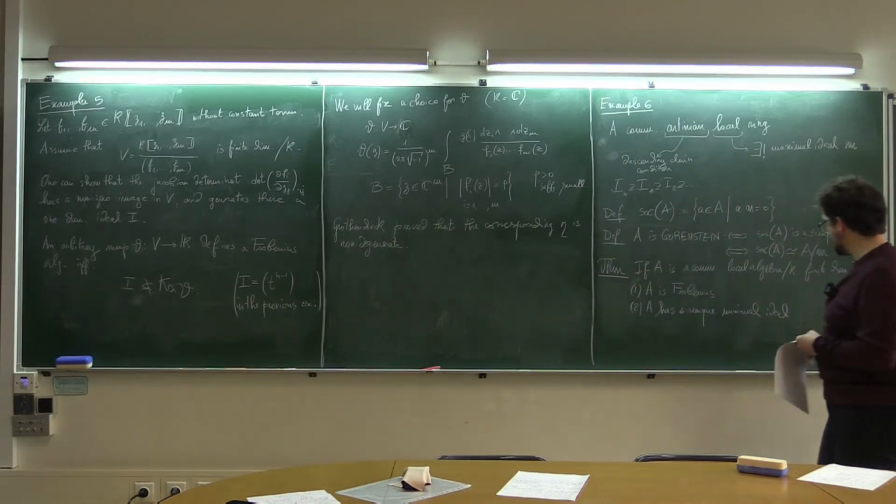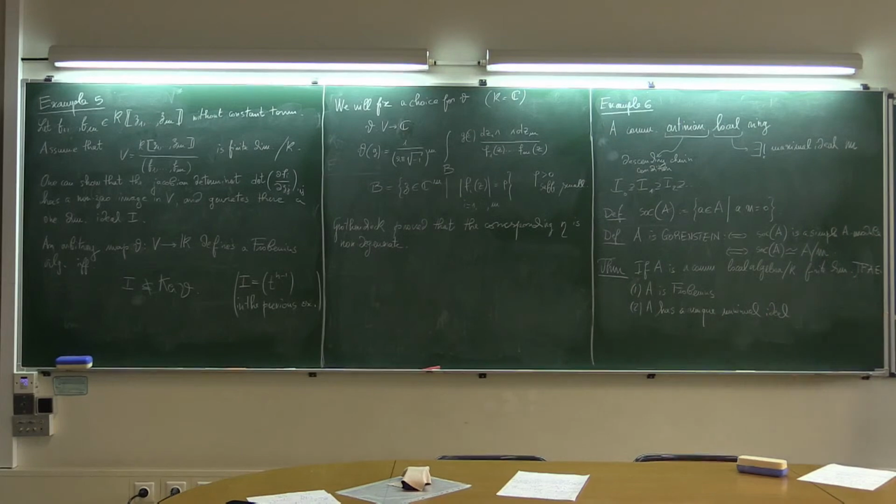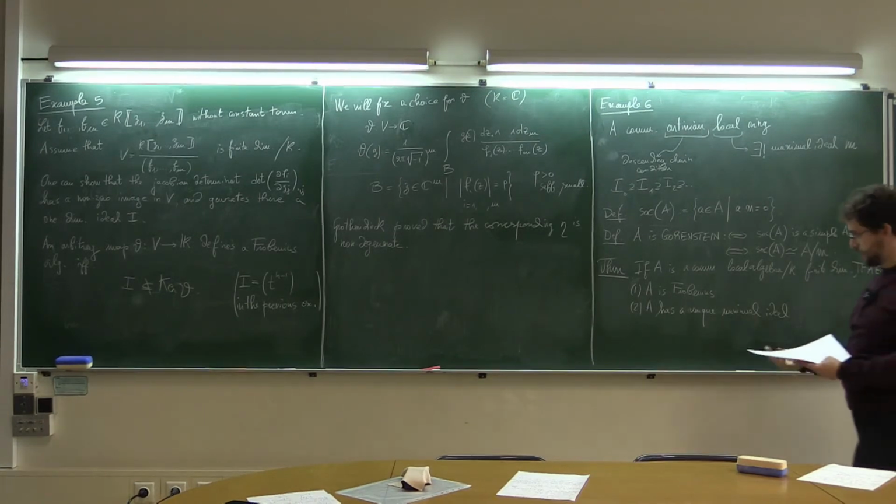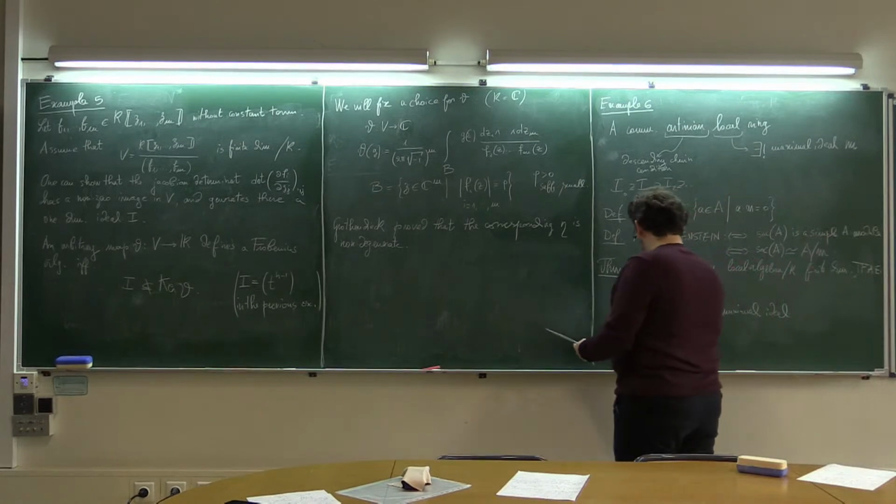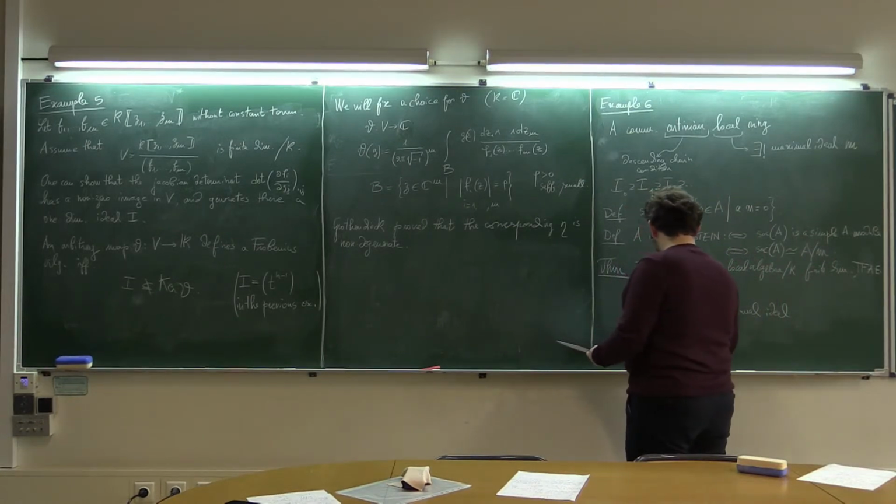A minimal ideal, what is it? It is an ideal which is minimal in the poset of ideals with respect to inclusion, so it means that there are no non-zero ideals between 0 and the ideal itself. And 3, A is Gorenstein.